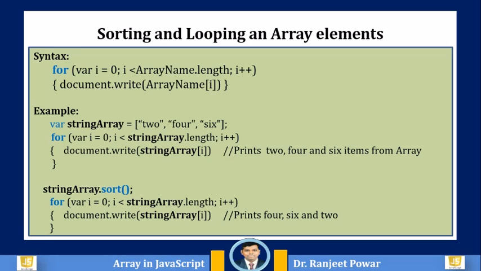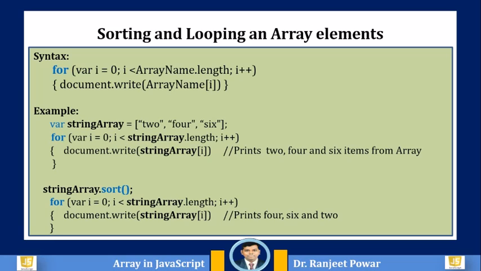The example elaborates the concept of looping array elements very easily. In the example, a string array is declared and initialized with 3 string items. A for loop is used to print all elements of the string array without sorting. That is, it prints 2, 4 and 6.